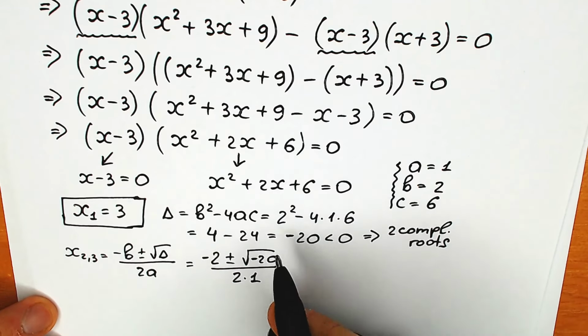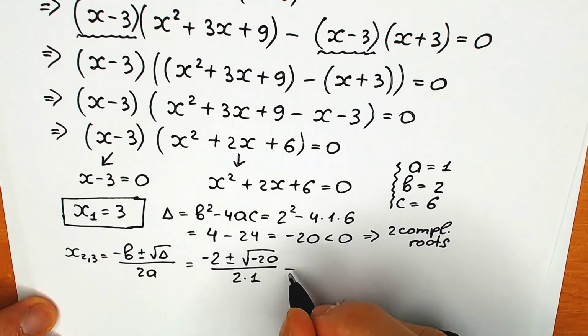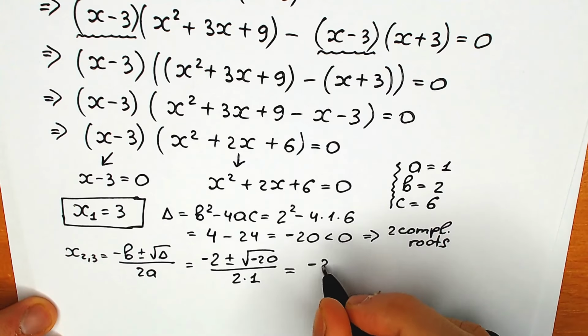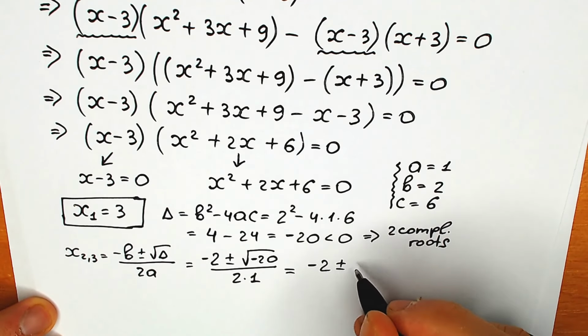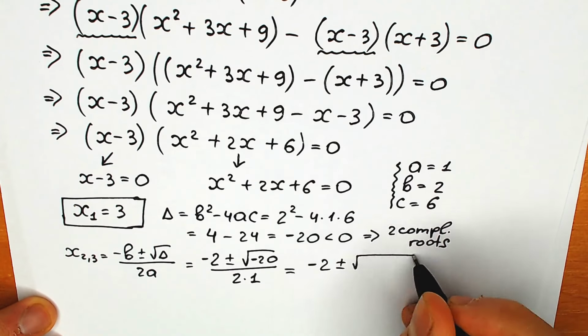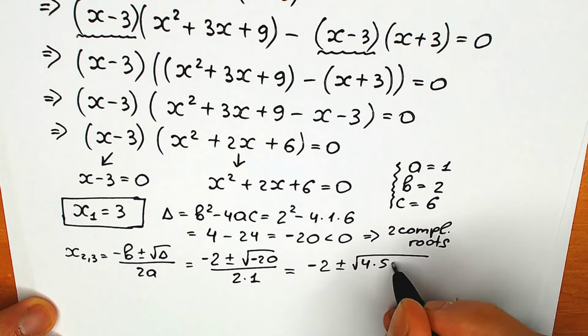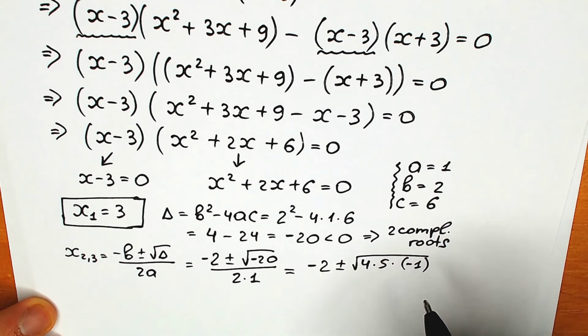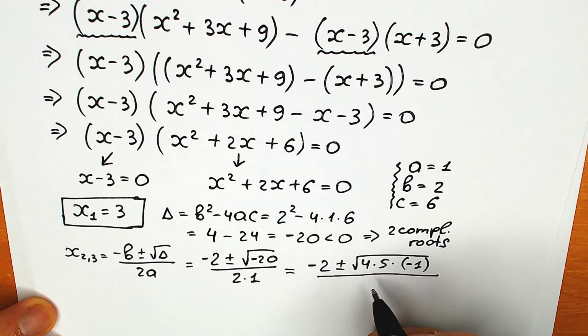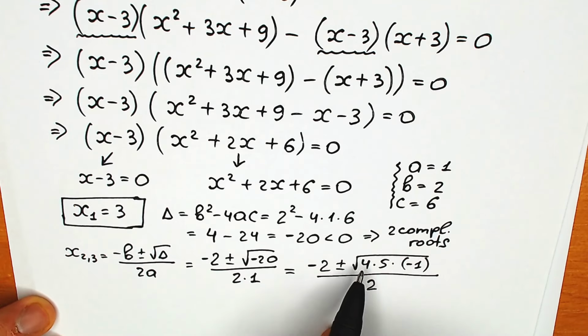All right, this square root of minus 20, we can rewrite it in a different way. We can write it as square root of, so just look at that. So we have minus 2 plus minus square root of 4 times 5 times minus 1. This is a great way how we can express this minus 20, because we can split it.